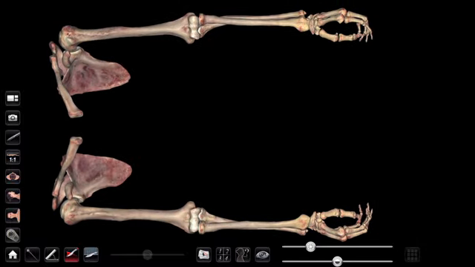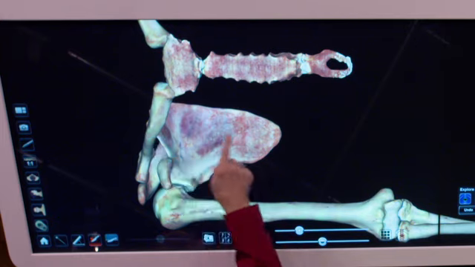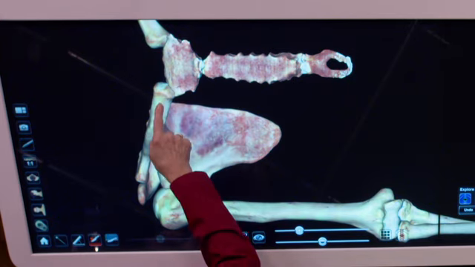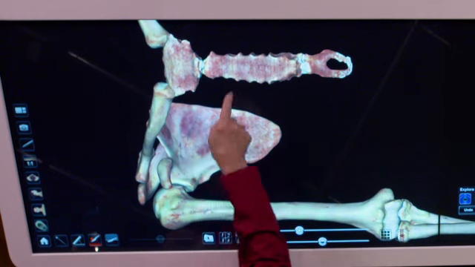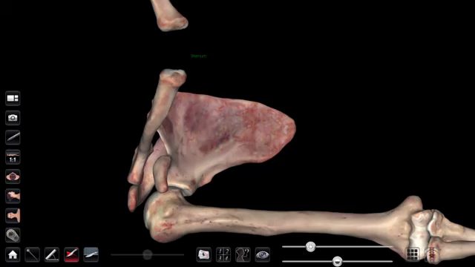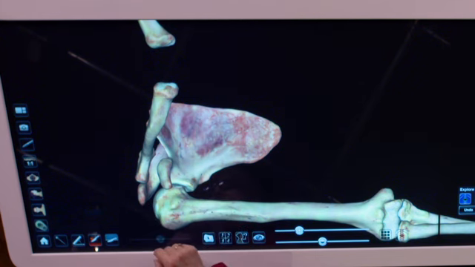If you remember, the two bones of the pectoral girdle are the clavicle and the scapula. The clavicle articulates at the sternoclavicular joint with the sternum. Let's take that off. And now we can see the clavicle articulating laterally with the acromion process of the scapula.